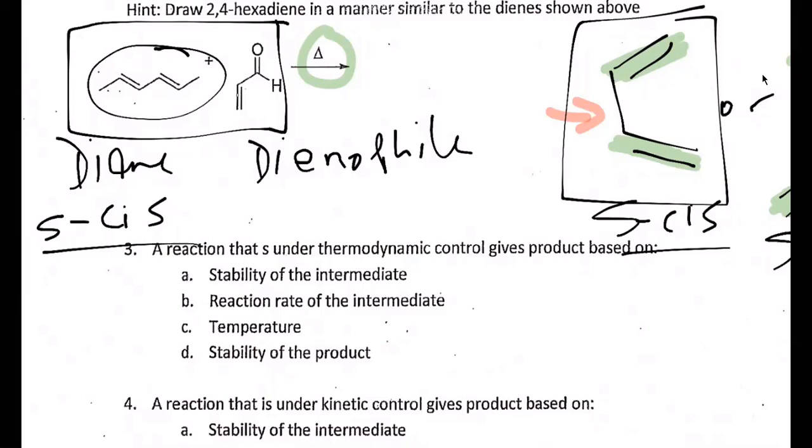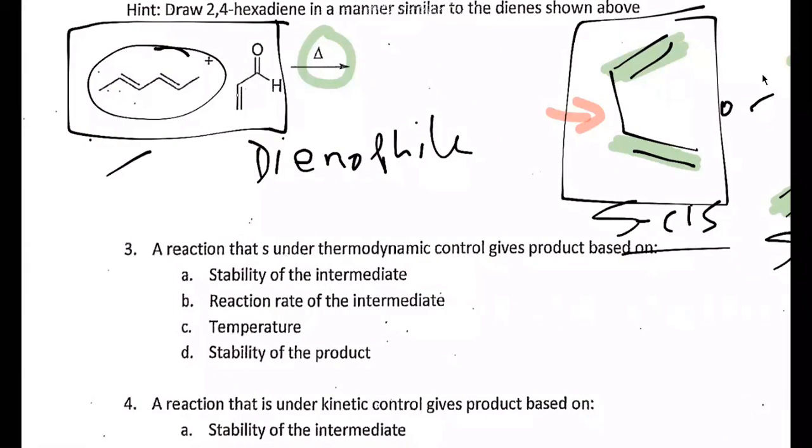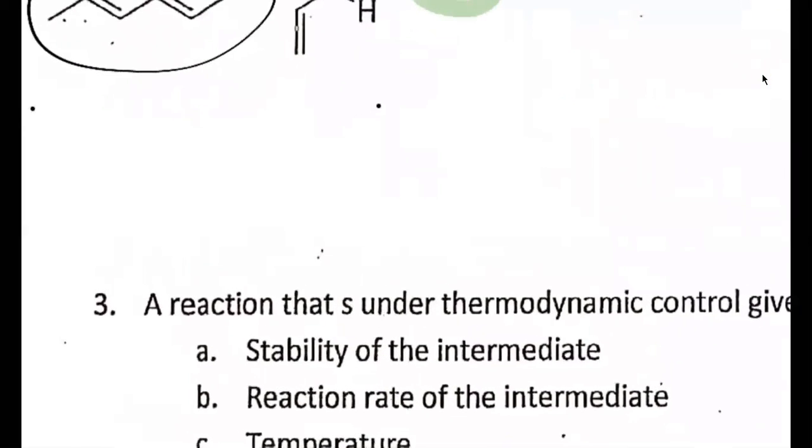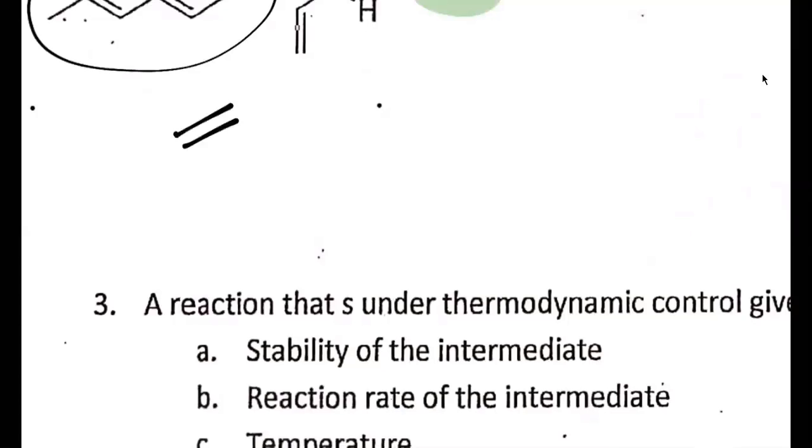Mm-hmm. So in order for me to do that, I would write my diene. I'll put my double bonds in, and then each one of those double bonds has a methyl group. Let me erase that. I need more room. My diene would look like this, right?